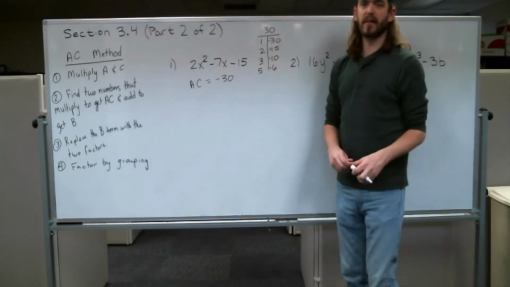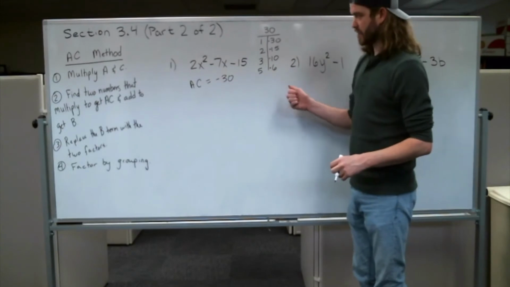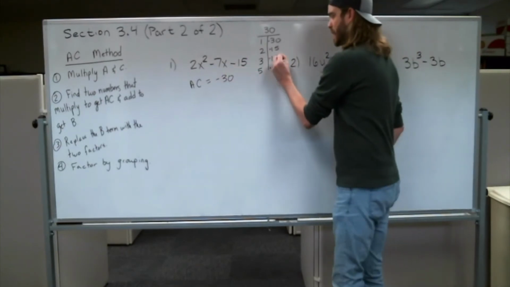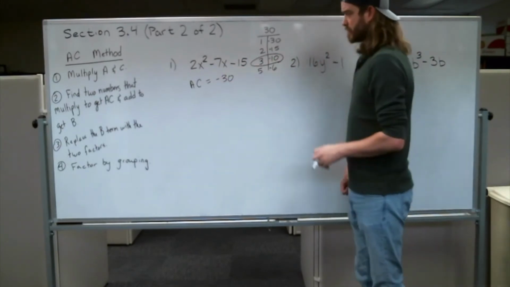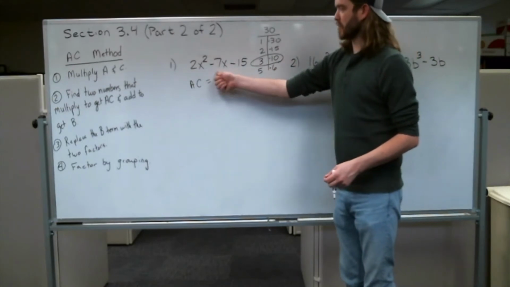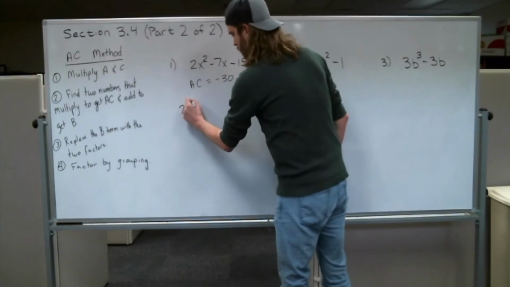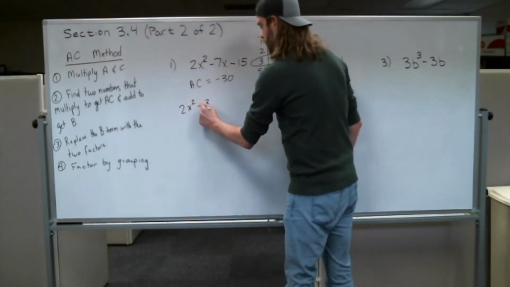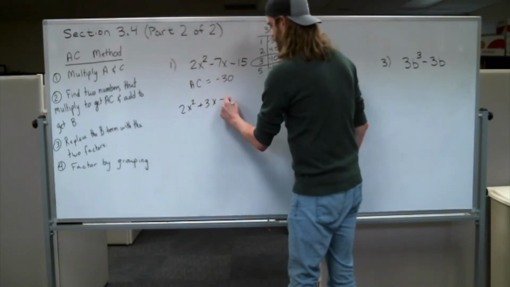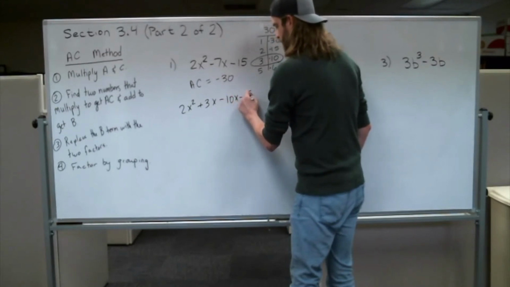So now we need to find which one of these adds to get negative 7. It's going to be 3 times negative 10. Now we replace our middle term with 3 and negative 10. So that's going to give us 2x squared plus 3x minus 10x minus 15.